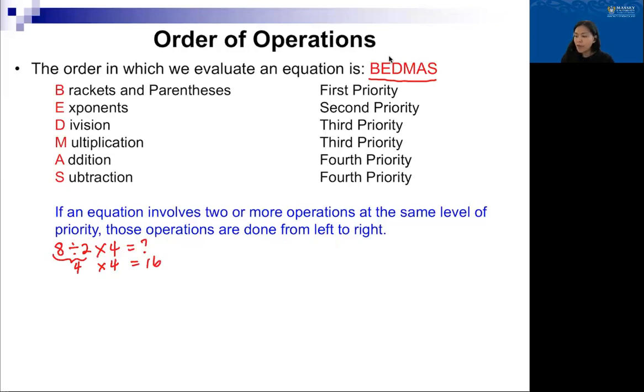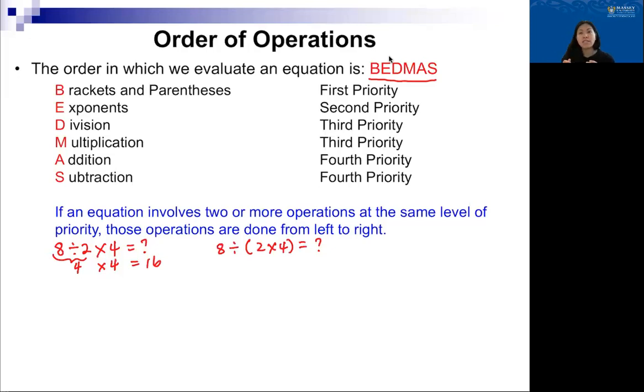It will be different if the equation is written like this: 8 divided by bracket 2 times 4. What will be the answer to this? Is it equal to 16 or is it equal to 1? Good.